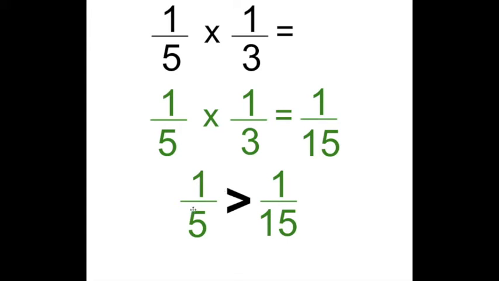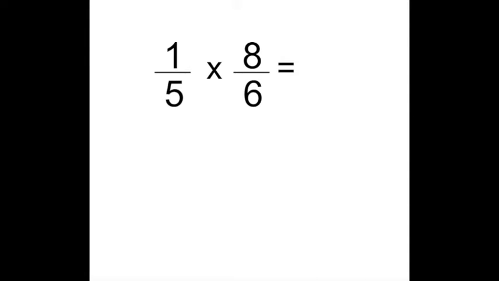If you have one piece out of 5, these are going to be larger pieces, so this is my larger value. That means when you multiply a proper fraction by a proper fraction, your end product is actually going to get smaller. This is kind of a different concept from multiplying whole numbers, because we know that's kind of the opposite with whole numbers.